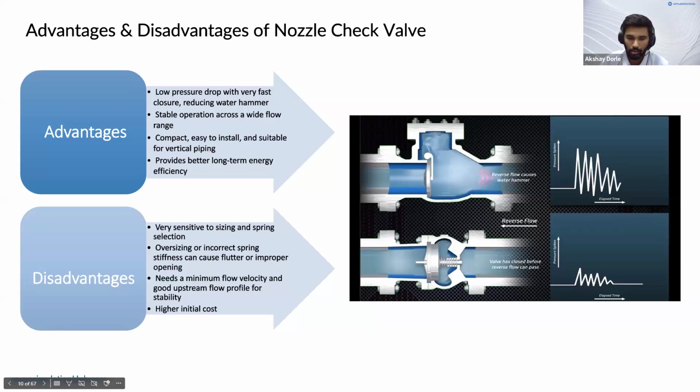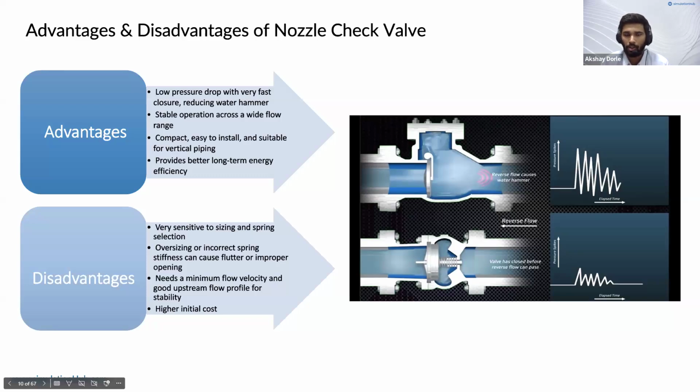All of these could change the way in which the valve will behave, even if you might have considered the correct sizing parameters according to the flow, but the orientation also matters. So the nozzle check valve is pretty flexible with the orientation. Again, because of the springs, it remains closed even in vertical and horizontal orientation.